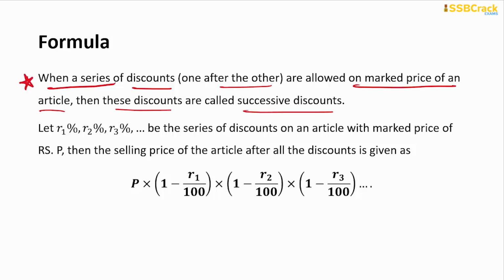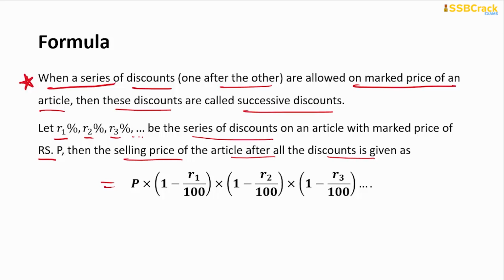When a series of discounts are allowed on a mark price, okay, and we call them successive discounts, and suppose R1%, R2%, R3% and so on be the series of discounts on an article with the mark price of P. Then the selling price of that article we calculate after all these discounts by this formula.